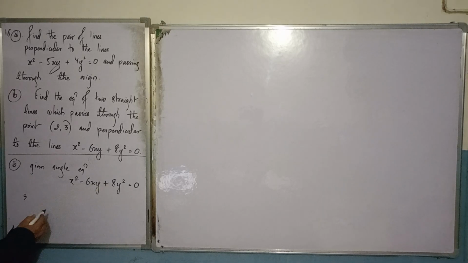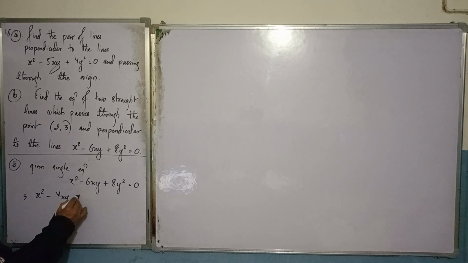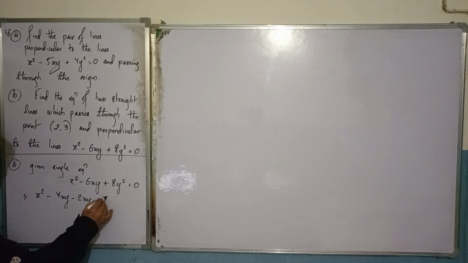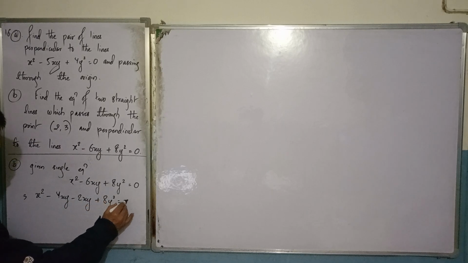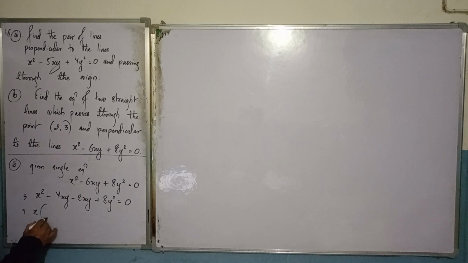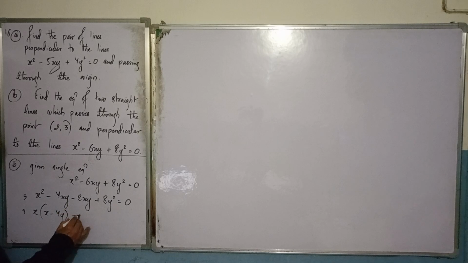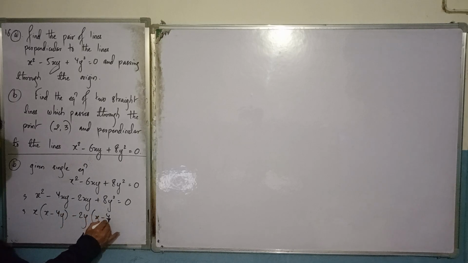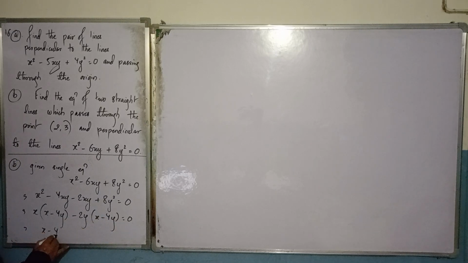Here 2 times 4 is 8, and 4 plus 2 is 6. x squared minus 4xy minus 2xy plus 8y squared is equal to 0, or x minus 4y times x minus 2y is equal to 0.